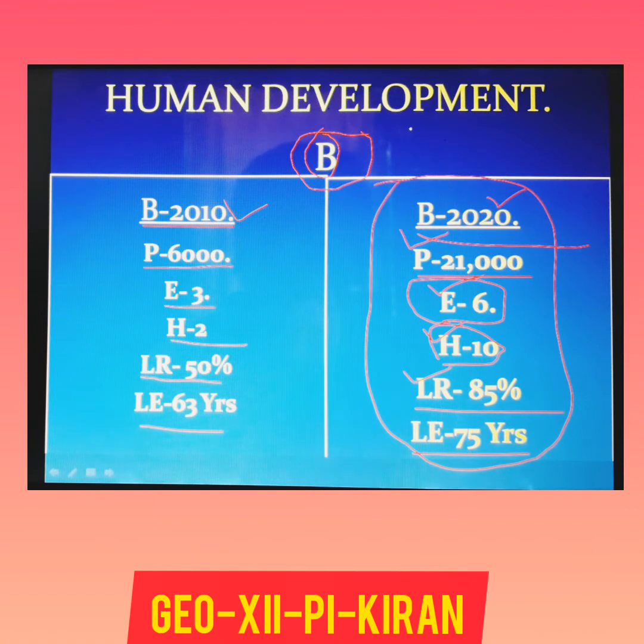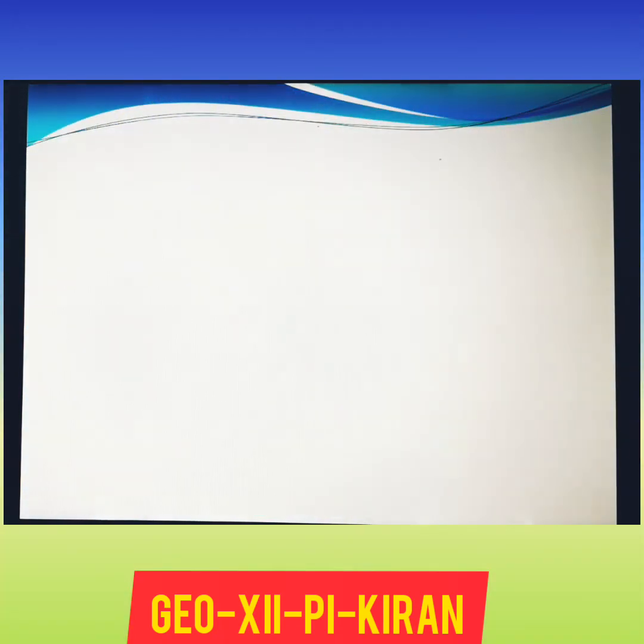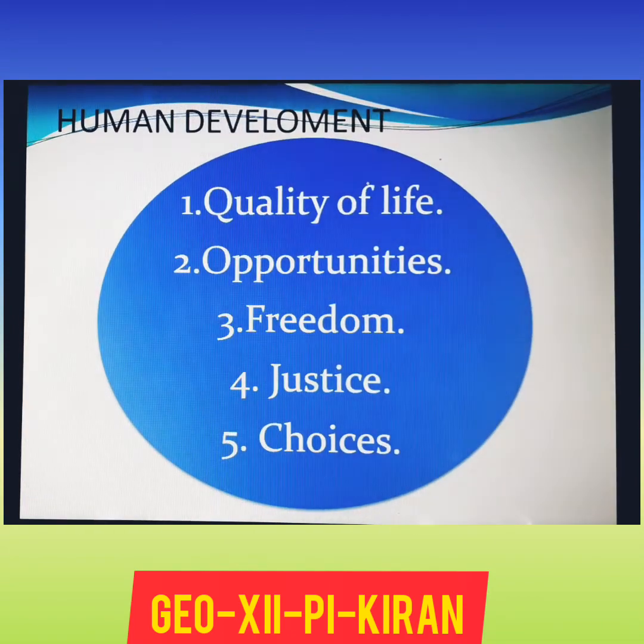So, human development plays a very important role in the quality of life of the people. Let us know more about human development. What exactly is the meaning, and what does it include?